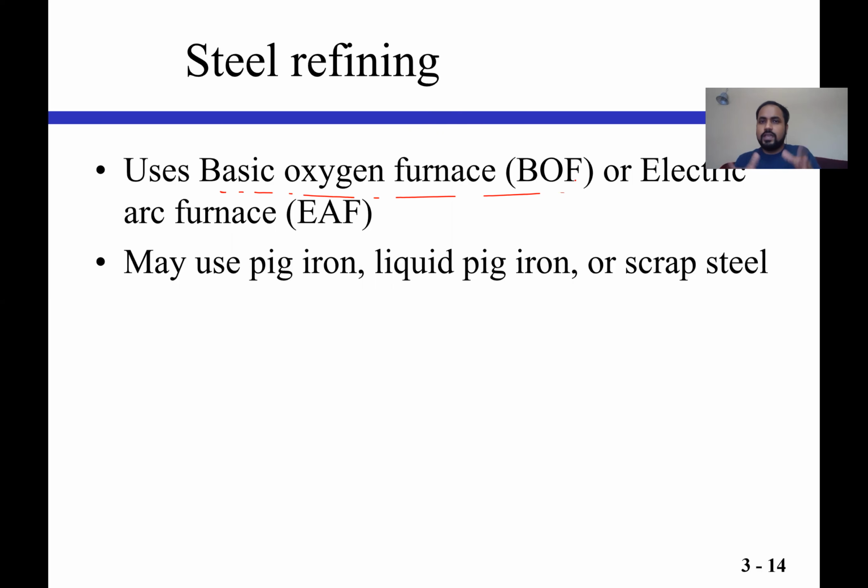We had excess oxygen to start with. We reduced it. Now the iron is pure, but now we have more carbon. So we have to get rid of that carbon. So you again put oxygen and oxidize it to get rid of carbon, because carbon has more affinity for oxygen and it will form carbon dioxide and carbon monoxide gases.